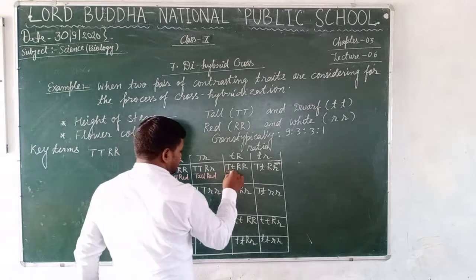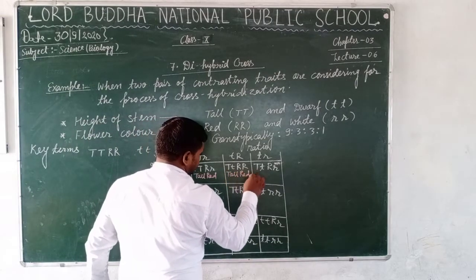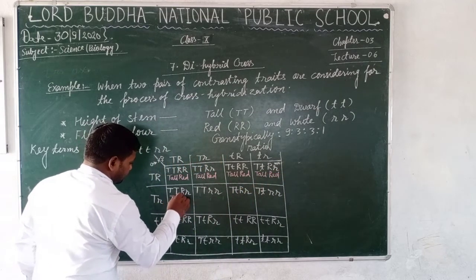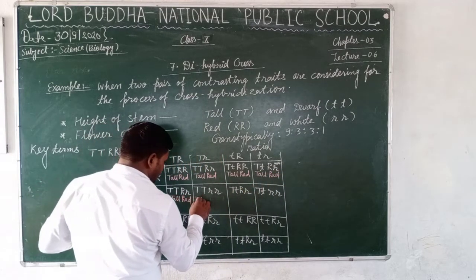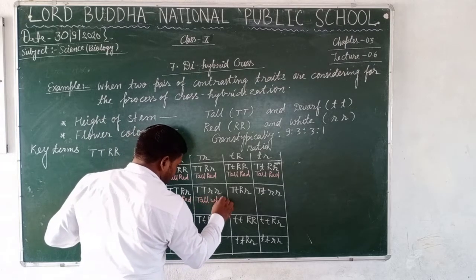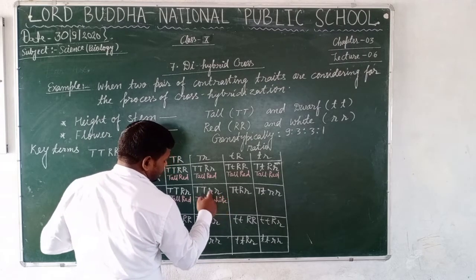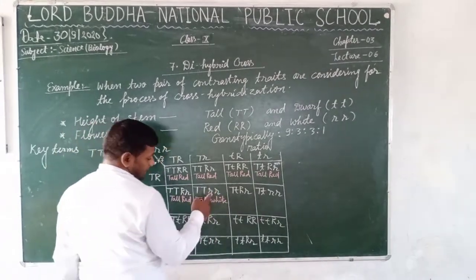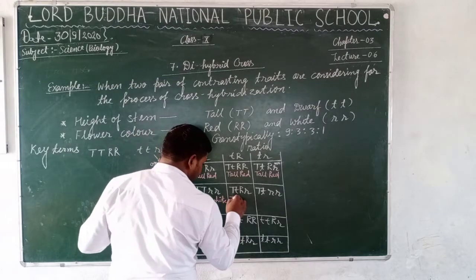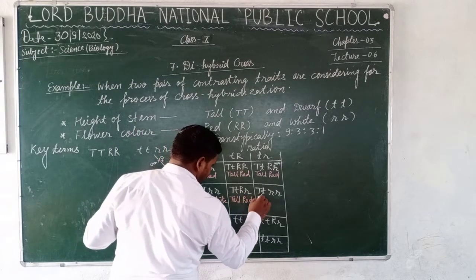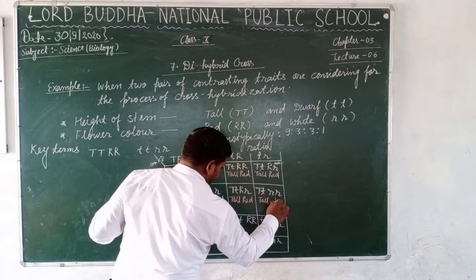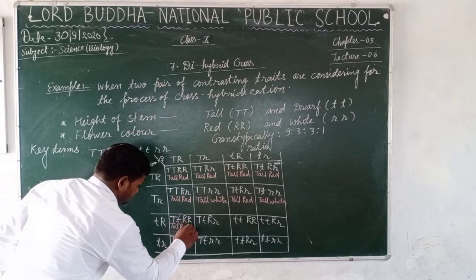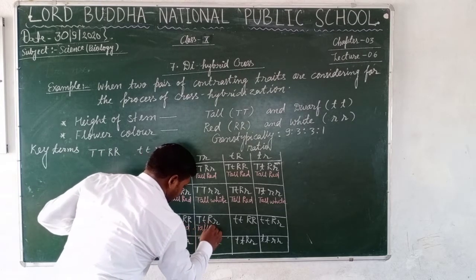So students, these are tall red, tall red, tall and white, because both of the alleles are recessive types, hence it appears as white color of the flower. Tall red, tall white, tall red, tall red.